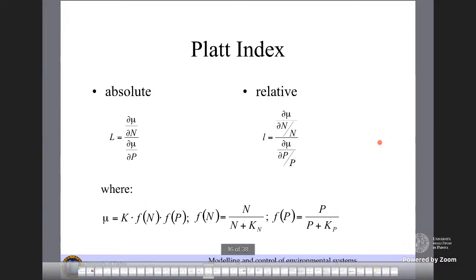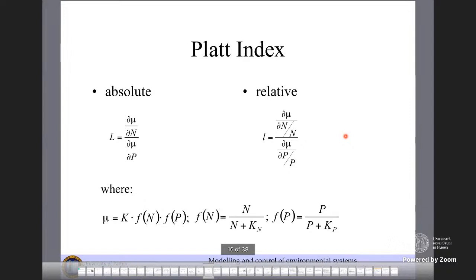In particular, we may write that if mu, the growth rate, is equal to a constant times the combination of two forcing functions, the limiting functions Fn and Fp, in which Fn and Fp are described like a Michaelis-Menten, then you may define the Platt index as the relative normalized ratio between the sensitivity of the growth rate to the presence of nutrient.